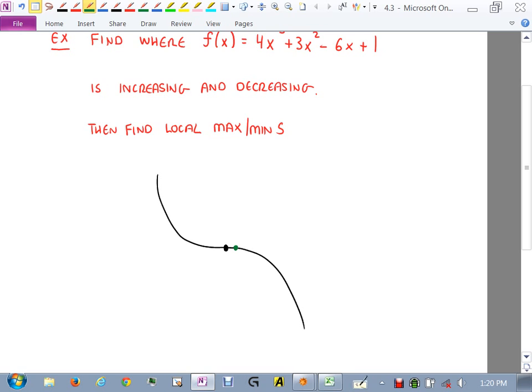Is that black dot above the one to the right of it? Yes, because it looks like it's going down over here, unless I drew a straight line segment. This curve looks like it's going down, then it flattens out for just 1 instant, and then it starts to dip down again. So to be decreasing means if I look at any 2 points, the one on the left is above the one on the right. And so even though the tangent line is flat there, if I move to the right, I'm going down. Does that answer your question?